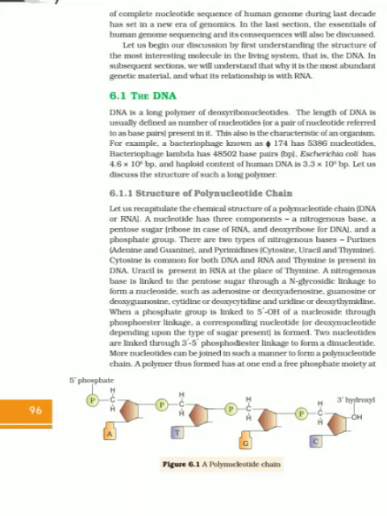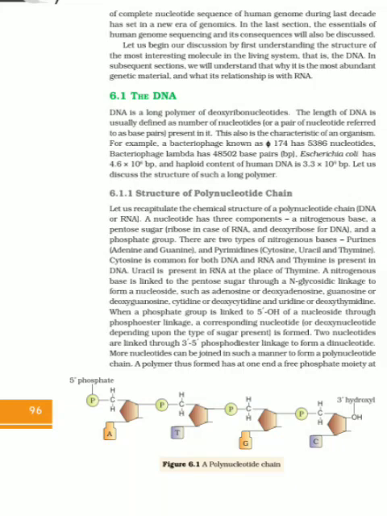Cytosine is common for both DNA and RNA, and thymine is present in DNA. Uracil is present in RNA in place of thymine. A nitrogenous base is linked to the pentose sugar through an N-glycosidic linkage to form a nucleoside, such as adenosine or deoxyadenosine, guanosine or deoxyguanosine, cytidine or deoxycytidine, and uridine or deoxythymidine.